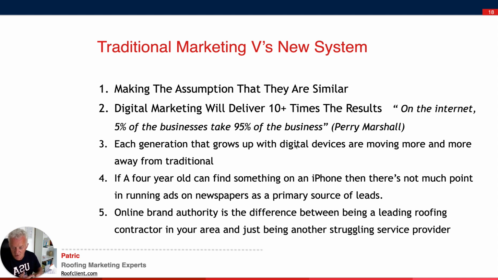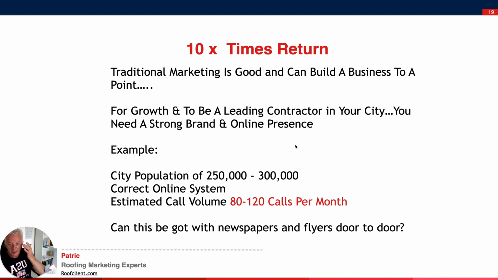It's certainly a source. Online brand authority is the difference between a big leading roofing contractor in your area, and then just being another struggling service provider. I'll explain why when I go through this further. Traditional marketing is good, and it can build a business to a point.